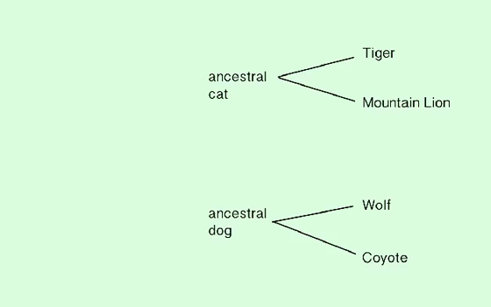There was just some type of ancestral dog-like animal, and that was the animal that eventually evolved in two different directions into the wolf and the coyote. So let's say this might have been 8 million years ago, and the ancestral cat and the ancestral dog were different from each other.